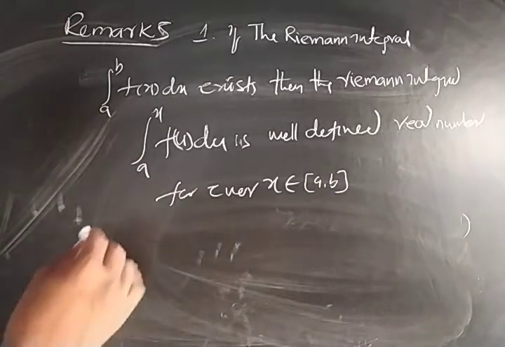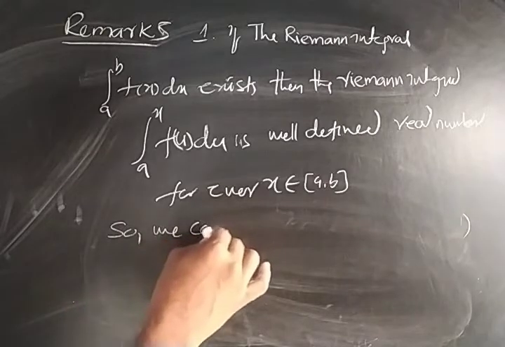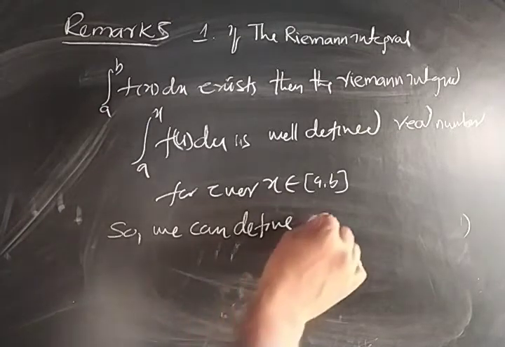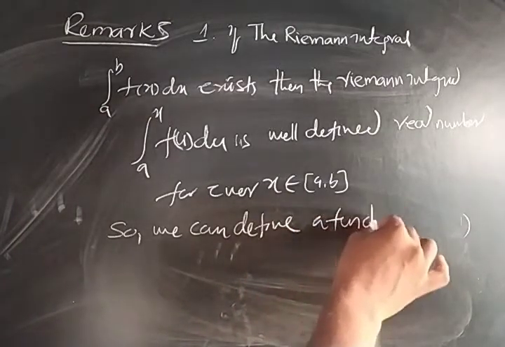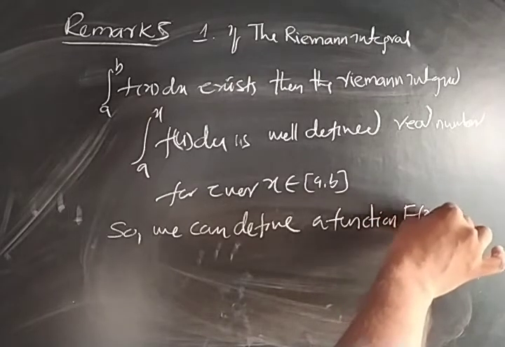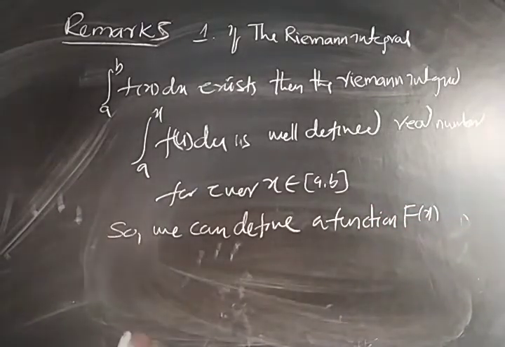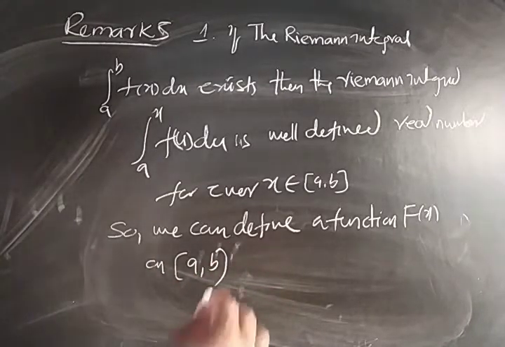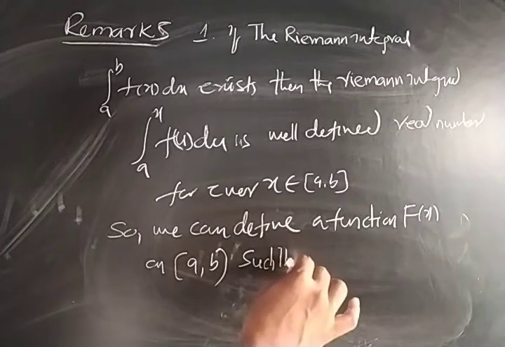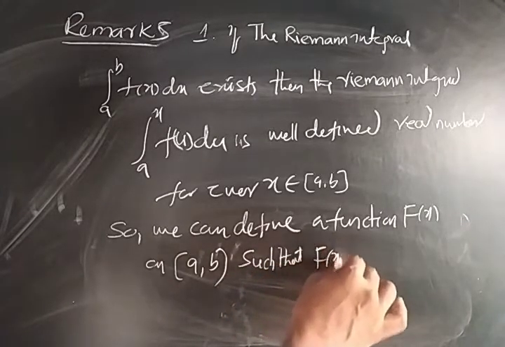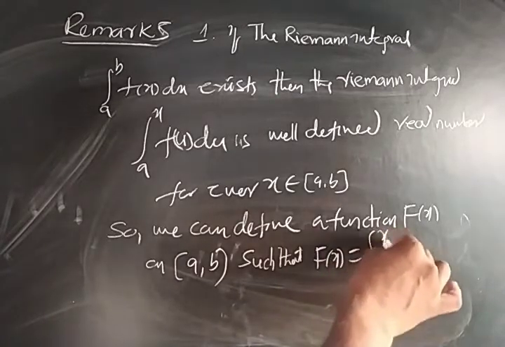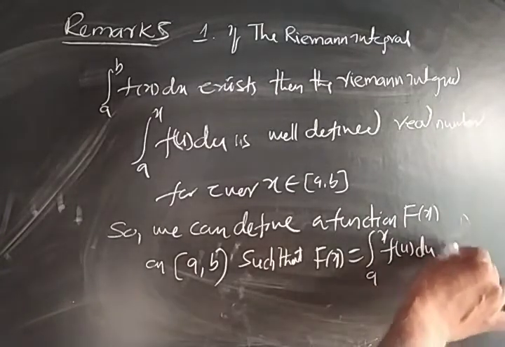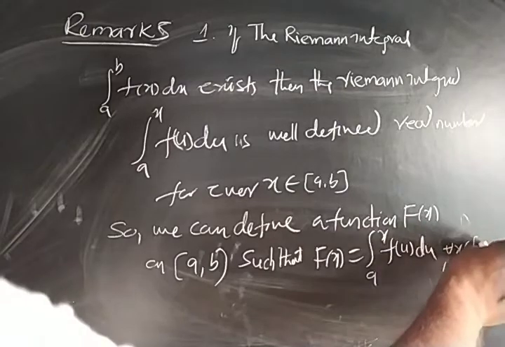So we can define a function capital F of x on closed interval a comma b such that capital F of x is equal to integration a to x f of u du for all x belongs to closed interval a comma b.